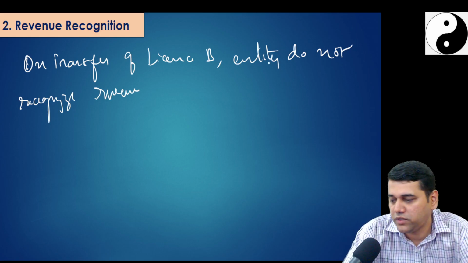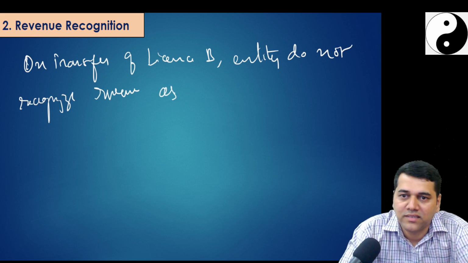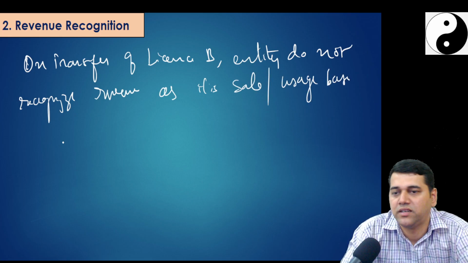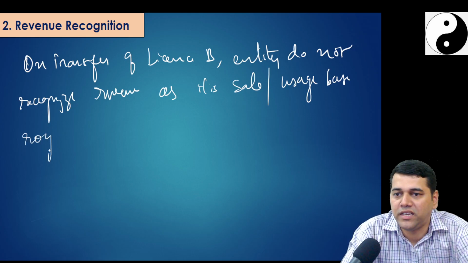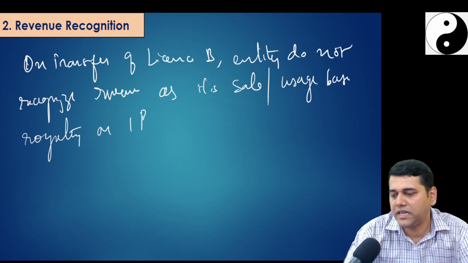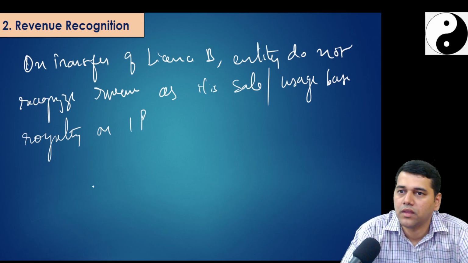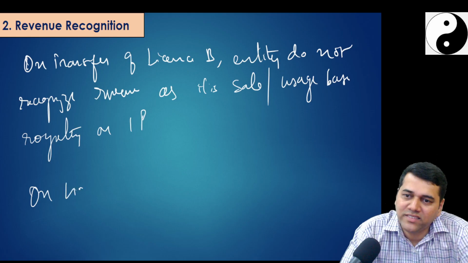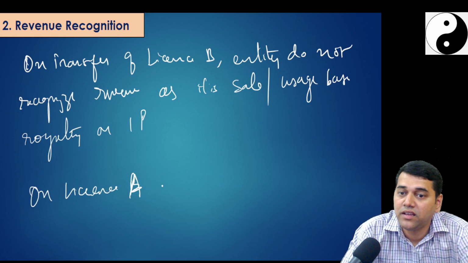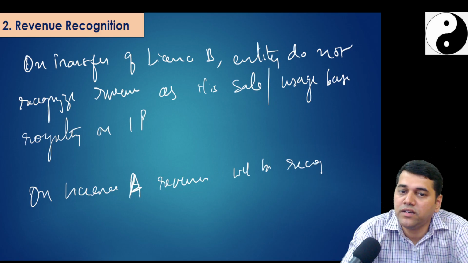So you will not recognize B as it is sale or usage based royalty on IP. Enough, no? Later you can write. On license B, sorry, license A, when will revenue be recognized?